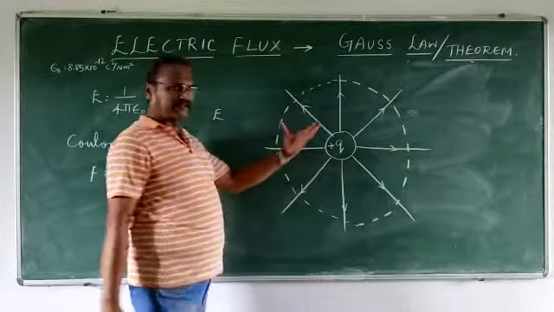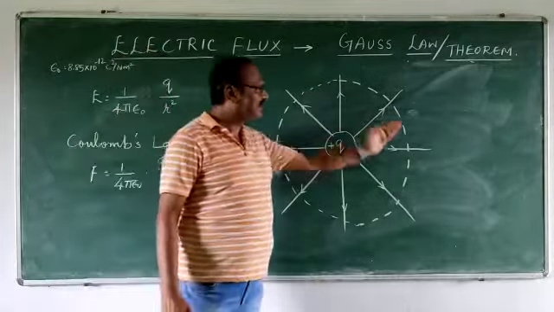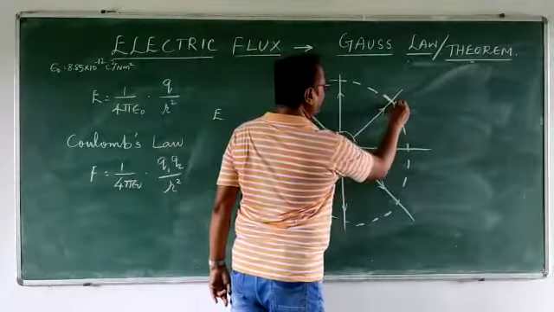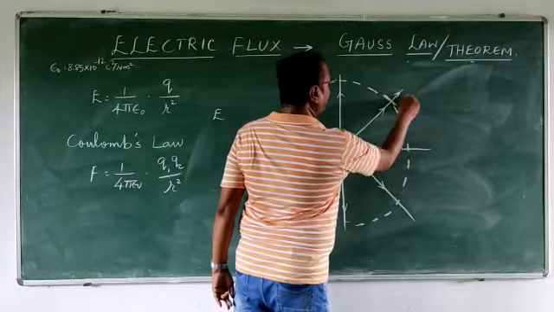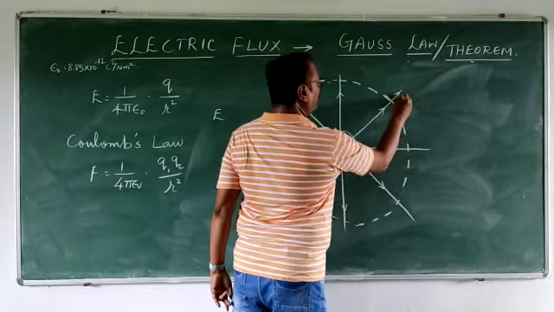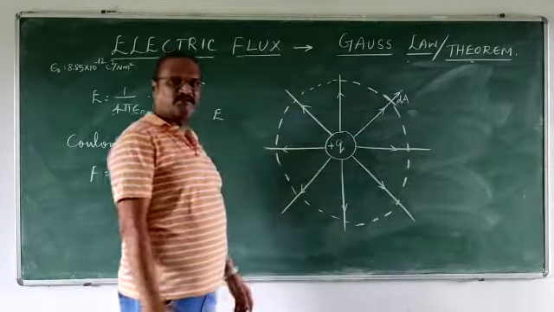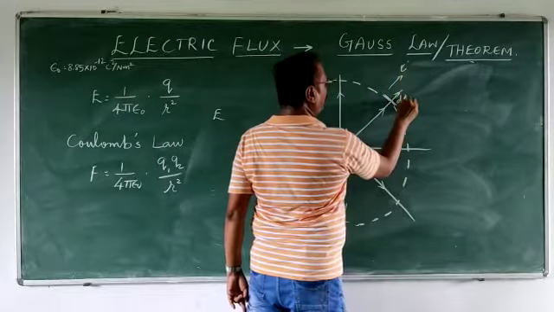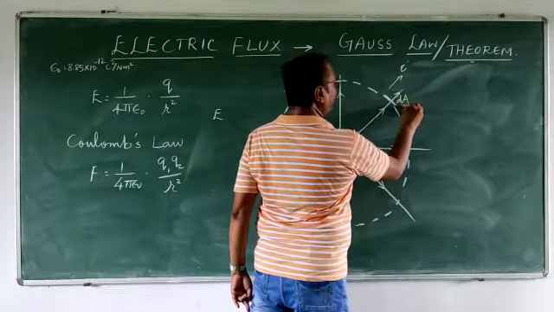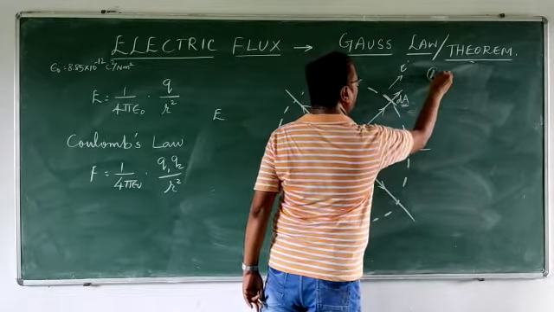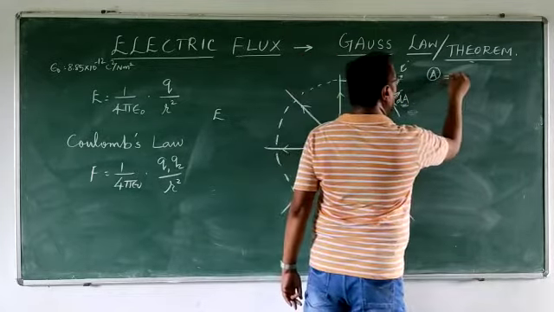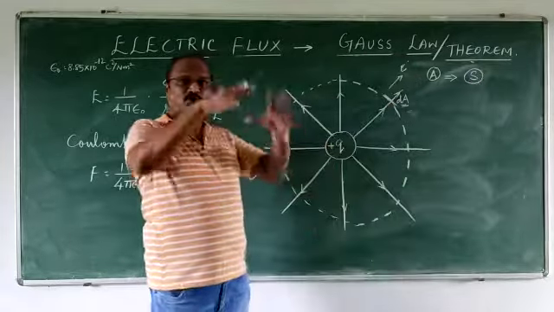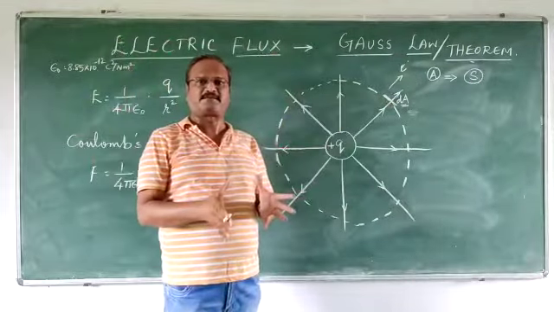A sphere is a symmetrical surface. Electric field is passing through this surface here, and the surface area is there, so a small amount, dA, I can call it. So, electric field E is passing through a small surface area dA. If you take the total surface area as A, or some books use the term S also, because we are talking about only surface area.